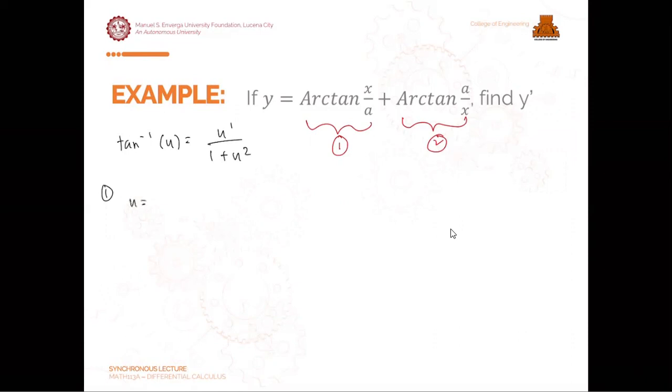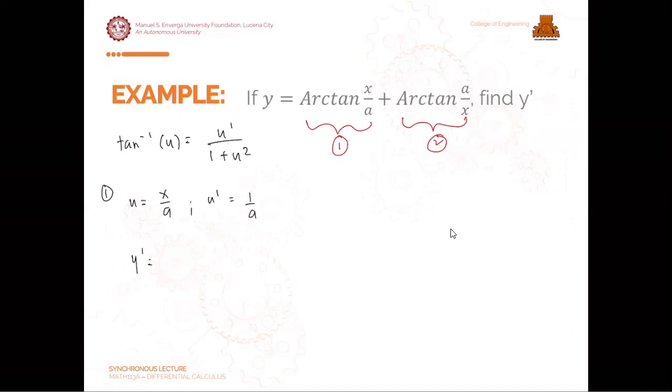So our u will be x over a, and its u prime is 1 over a. Following our format for arctangent.